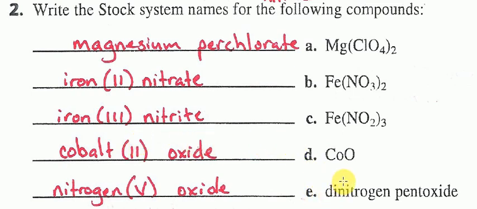E, looking at dinitrogen pentoxide, this is N2O5. This is what we're supposed to figure out from the name, N2-O5 from the pent. So if oxygen is always having a charge of -2, we're going to give oxidation number of -2 to oxygen.